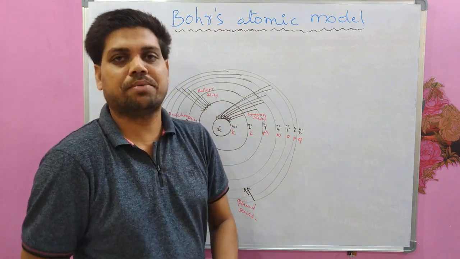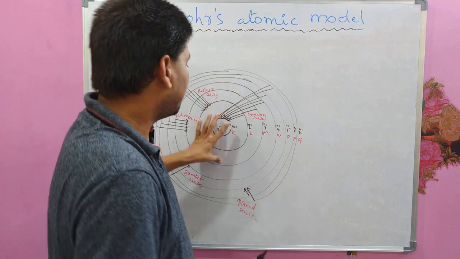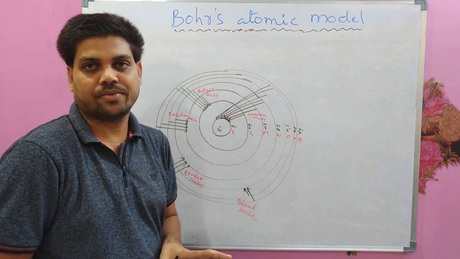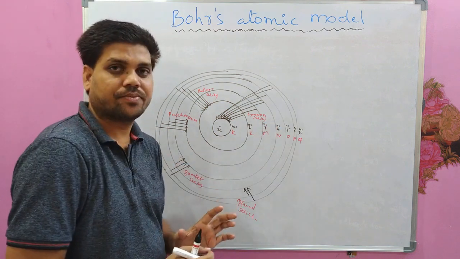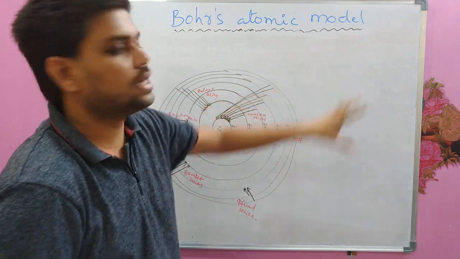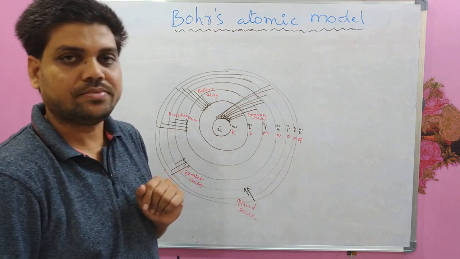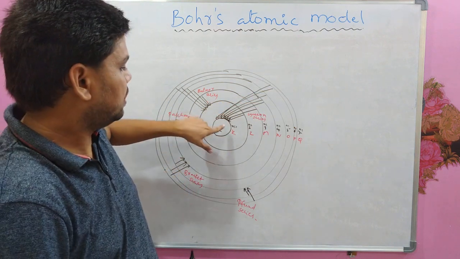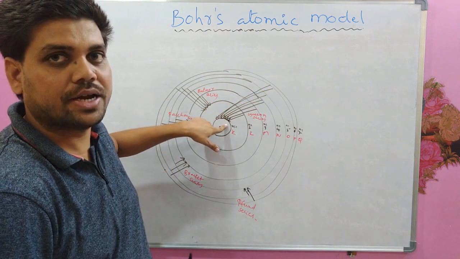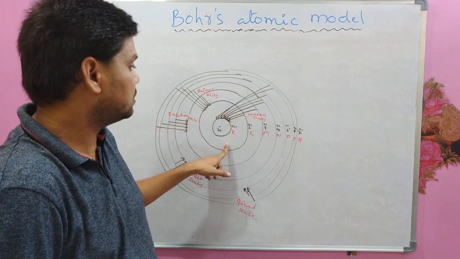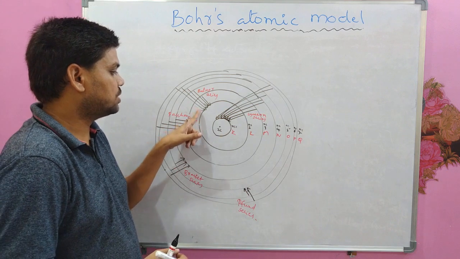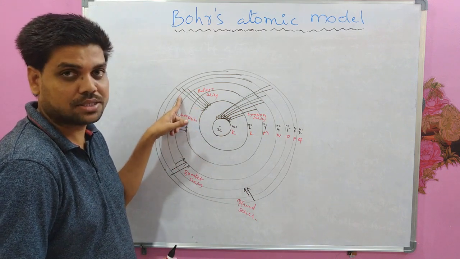This is how we represent the orbit diagram with their energies, the spectral series of hydrogen atom. See here, the electron is having a transition to the first orbit from higher orbits, Lyman series. Electron transition to the second orbit from higher orbits is Balmer series.